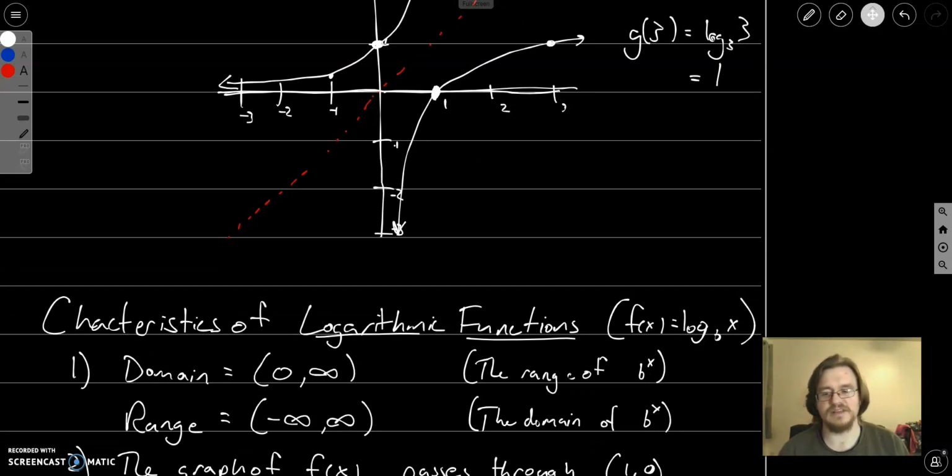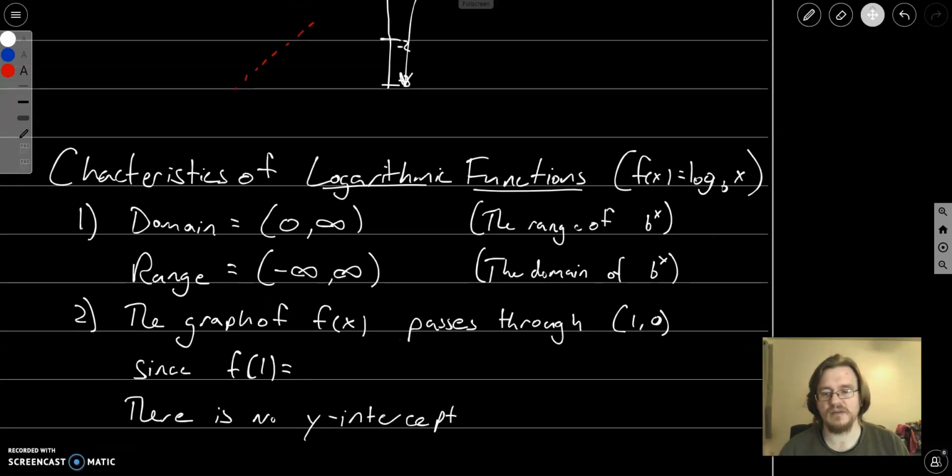So there's just a couple of ways to remember that. The graph of the log function always passes through 1, 0, because if I plug a 1 into my logarithm, this is just one of the properties that we talked about, log base b of 1 is always equal to 0, since b to the 0 power is always 1.